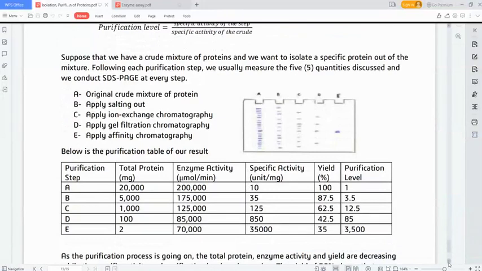Now let me try to use the table to explain.